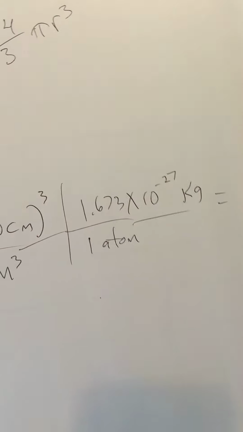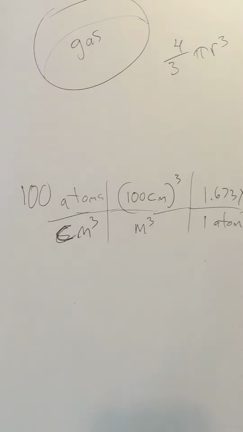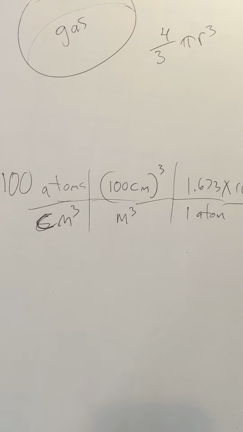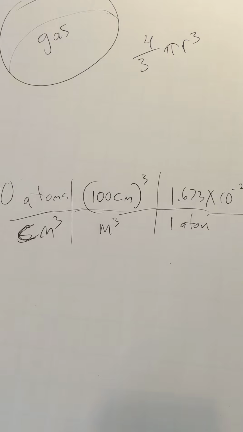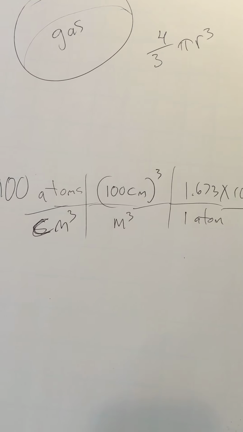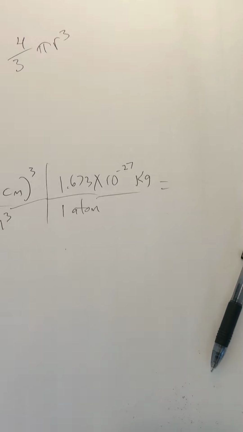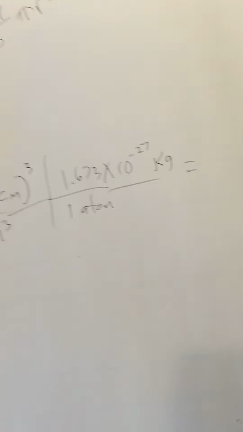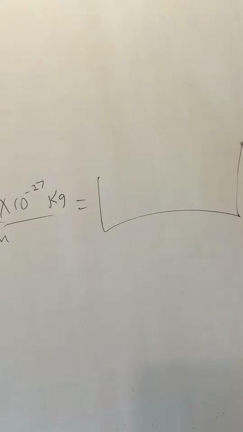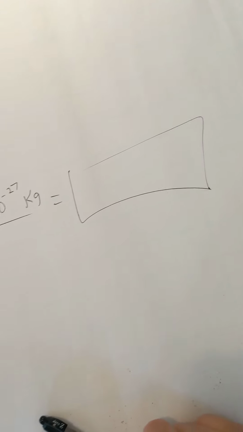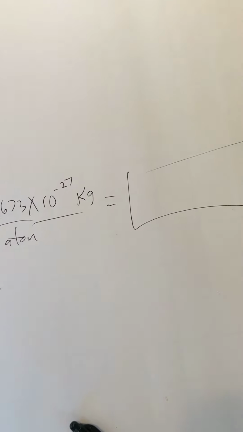So let me back it up a little bit. 100 atoms per centimeter cubed: convert to meters cubed, convert from atoms to kilograms, and you'll find the density of the material here. That's going to be the answer to number 3.